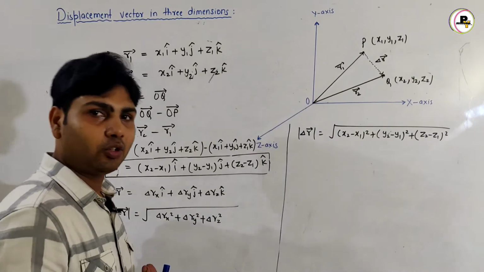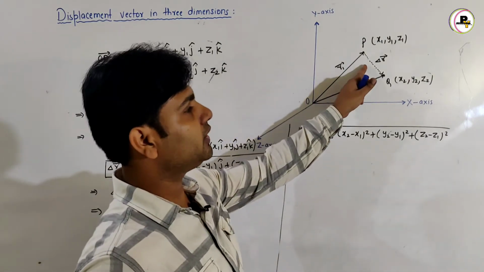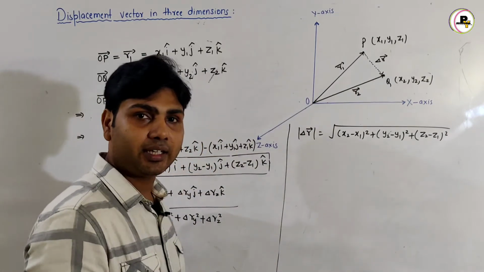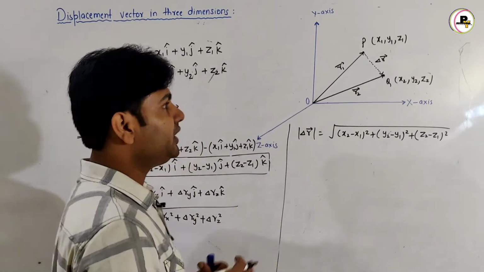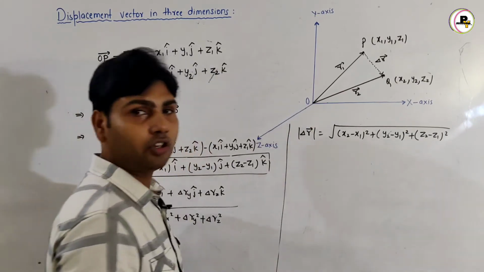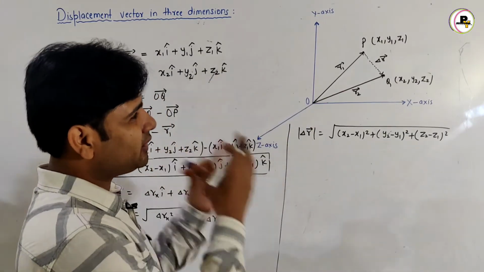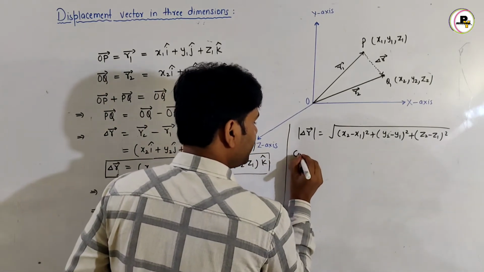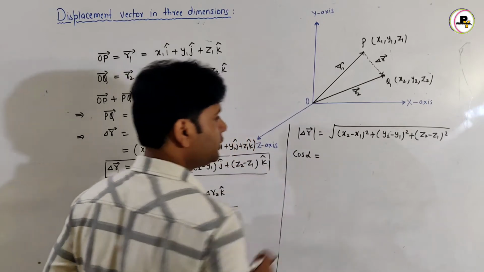Now I can also find the direction cosines of the resultant, that is the displacement vector. If the displacement vector makes an angle of alpha from x-axis, beta from y-axis, and gamma from z-axis, then the direction cosines of the displacement vector delta r are as follows. Cos alpha equals what?